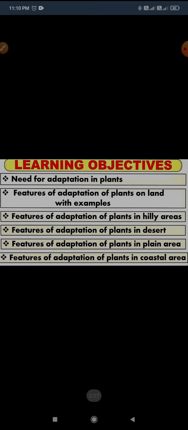Okay, so let's see what we learn in the following topics. What is the learning objective? Need for adaptation in plants, features of adaptation in plants on land with examples, features of adaptation of plants in hilly areas, features of adaptation of plants in desert, features of adaptation of plants in plain area, features of adaptation of plants in coastal area.